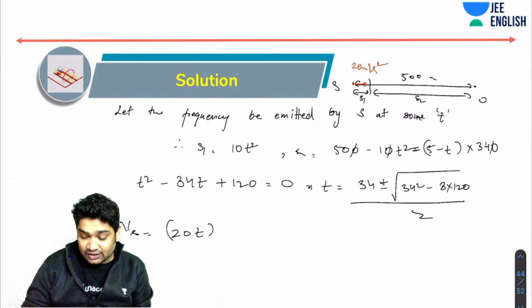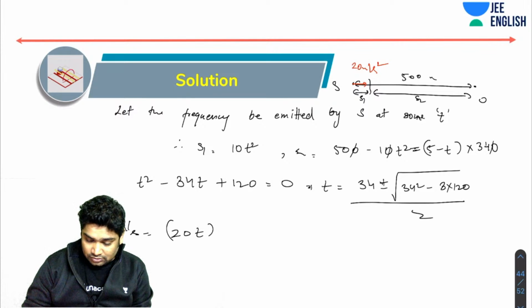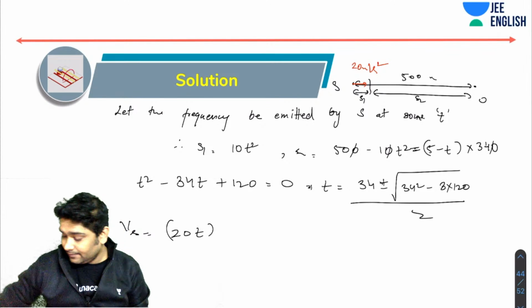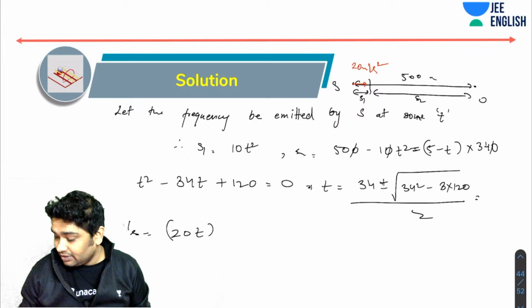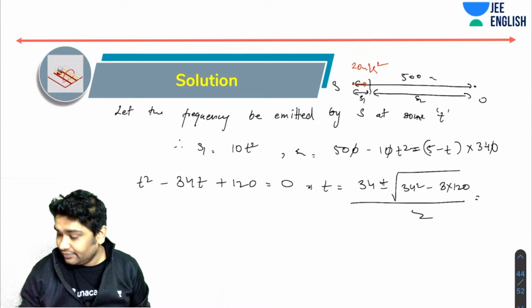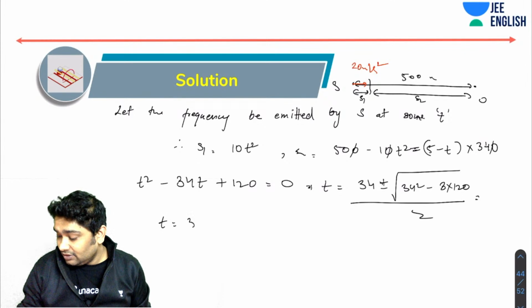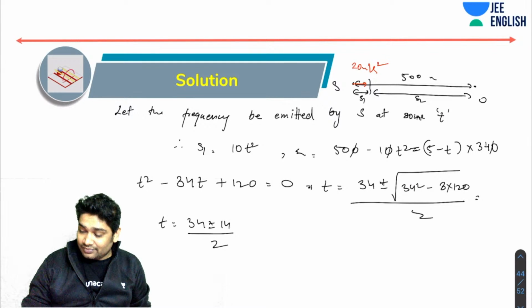So let's get a quick answer for this. This is 196, okay, 14. So essentially I'm getting t as 34 plus minus 14 by 2.